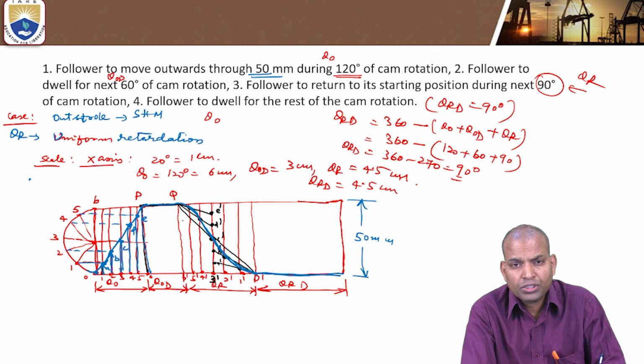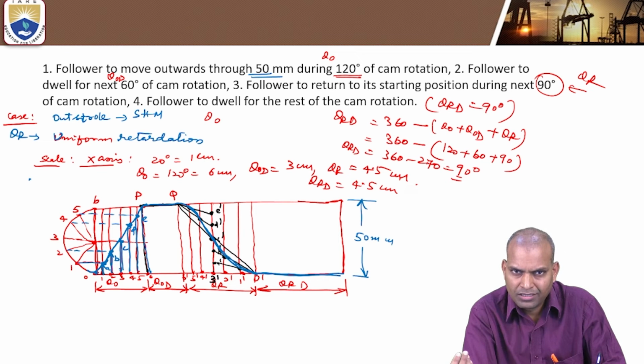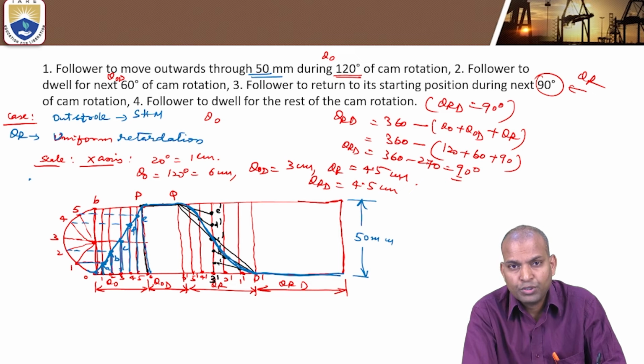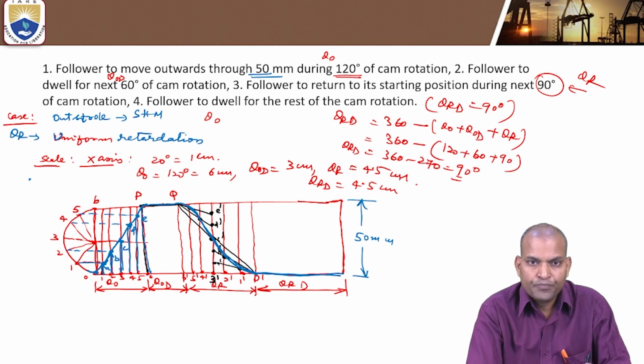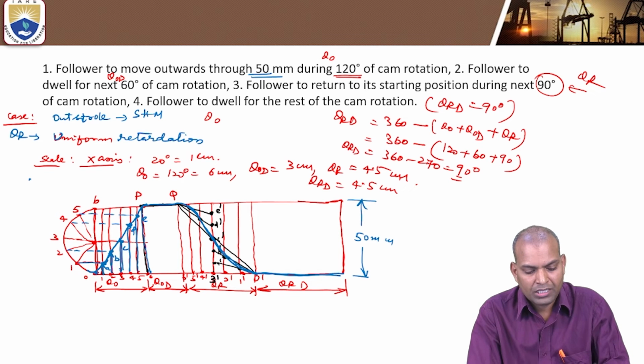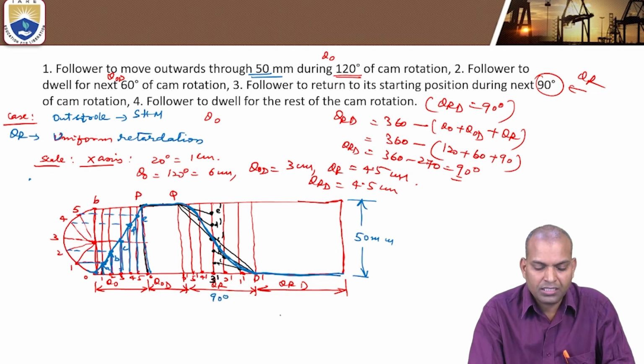Then PQ is the portion where there is dwelling. There is no rising, neither rising nor falling nor returning. The next follows which motion? Uniform retardation. That retardation is not 20 degrees. The return stroke is 90 degrees here, divided into 6 equal divisions.